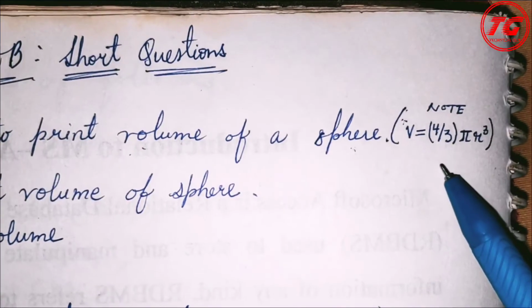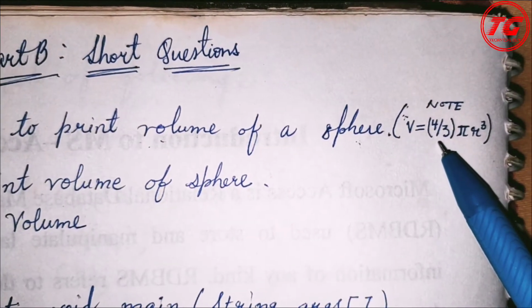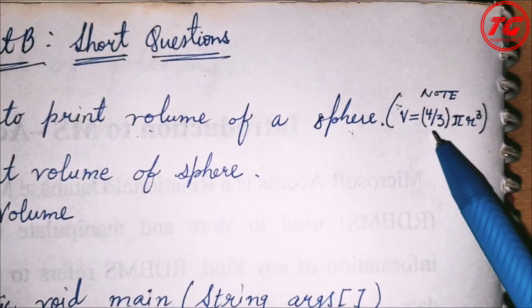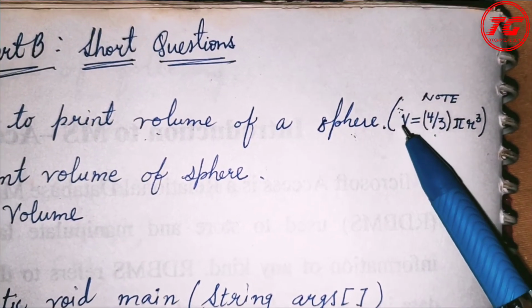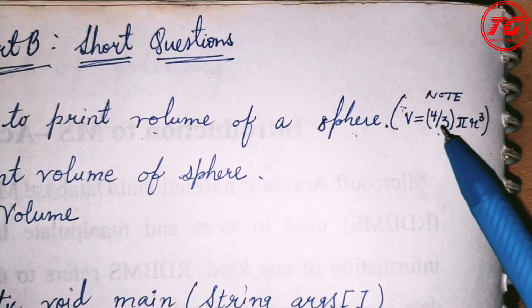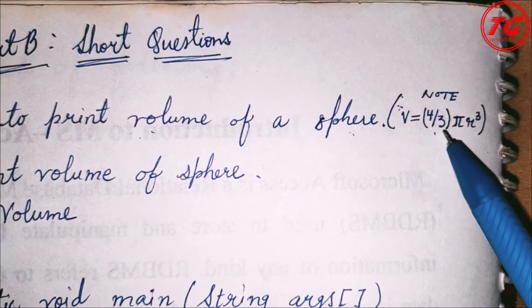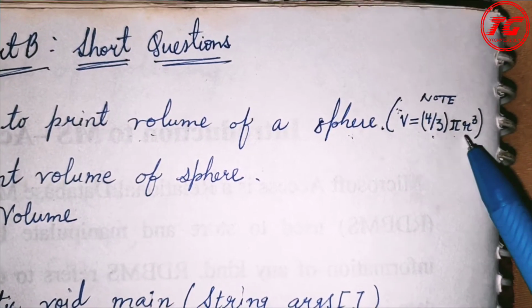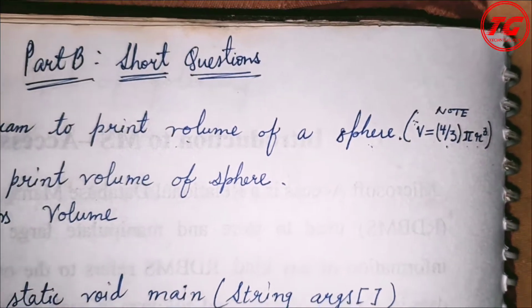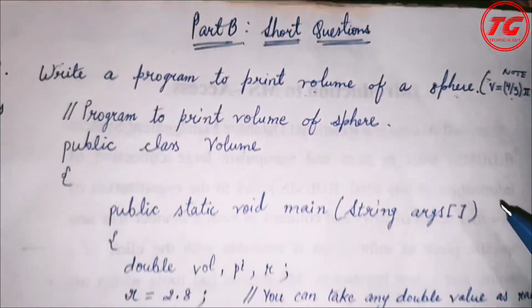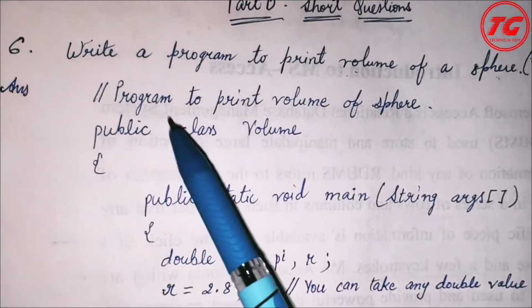So that is given here. Volume of sphere can be calculated by using this equation, that is volume equal 4 over 3 into pi into r cube. So with the help of this equation you can find out the volume of a sphere.